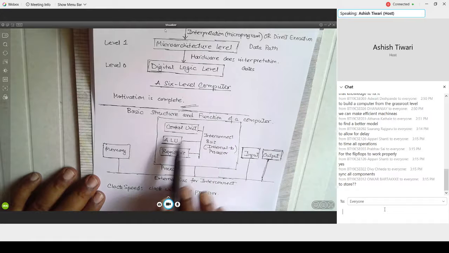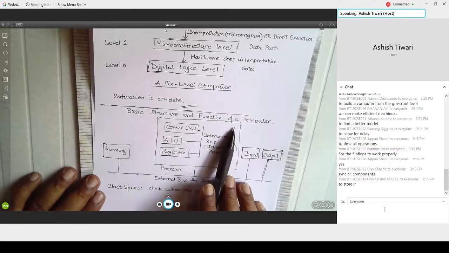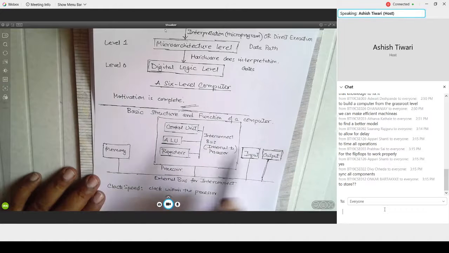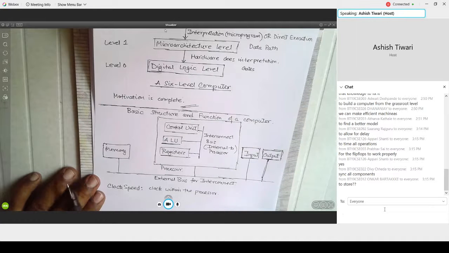For example, if one component is faster and the other is slower, then if the clock is wide enough, everybody can synchronize. That is one. The other reason is it allows the circuit design to be simple, and it can be faster as well. So a couple of reasons why you would want a clock.